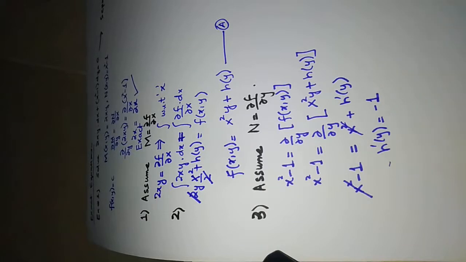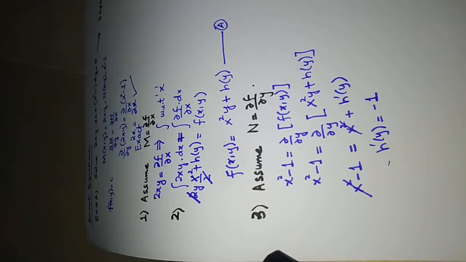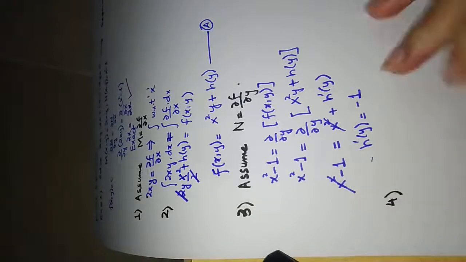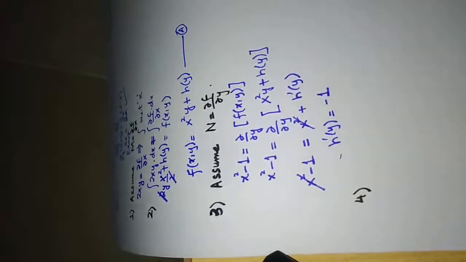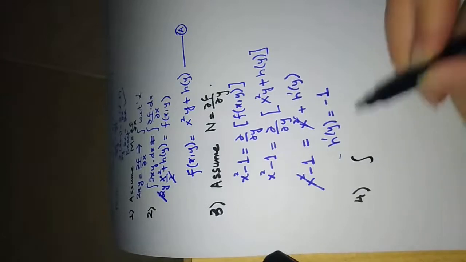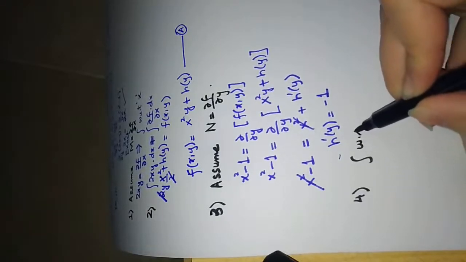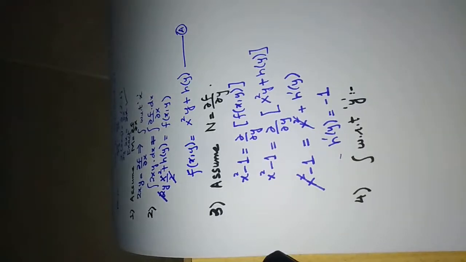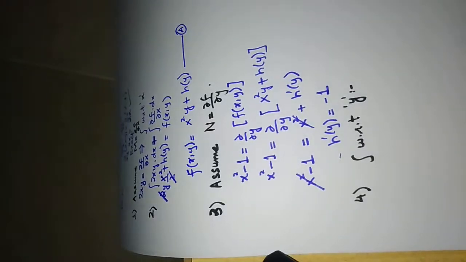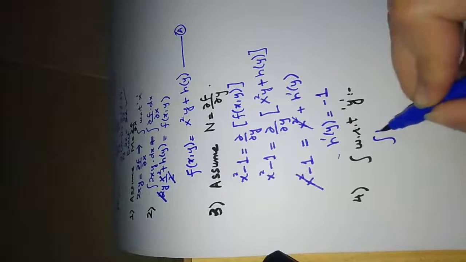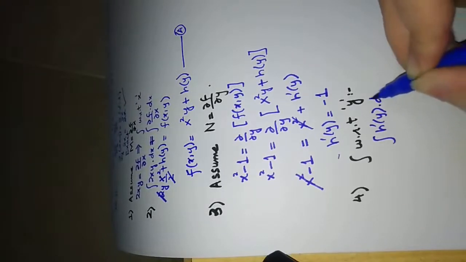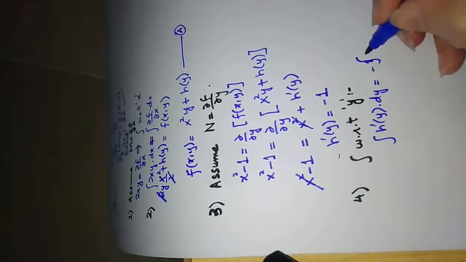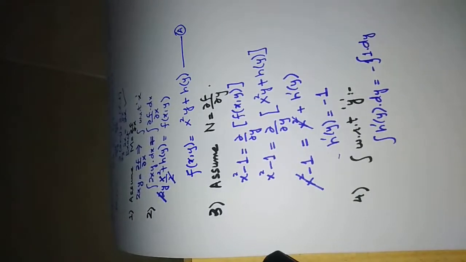So what you have to do in the last step, the fourth step, is integrate this equation with respect to y. Integrating with respect to y: minus 1 into dy, right?